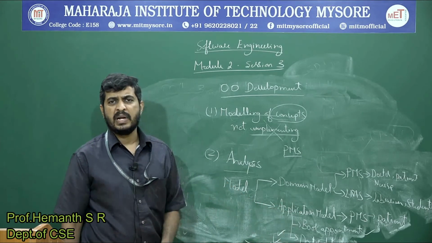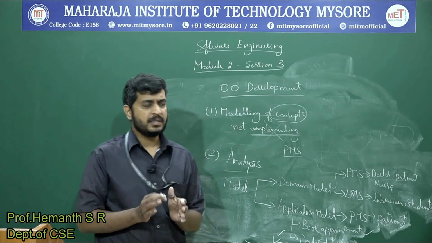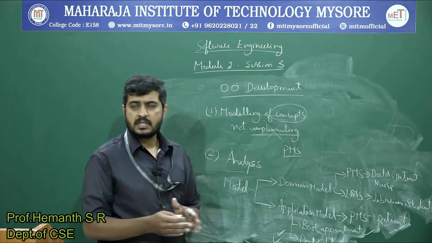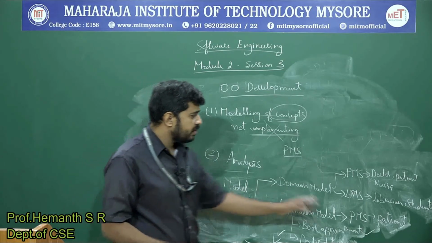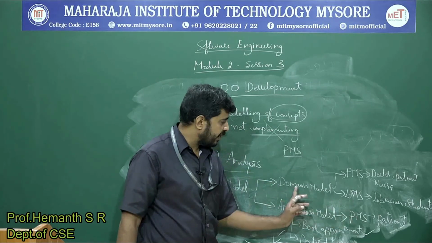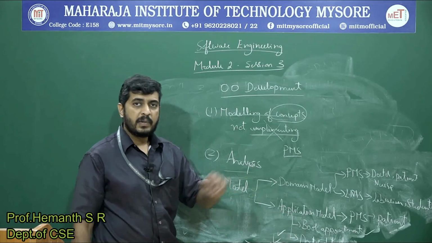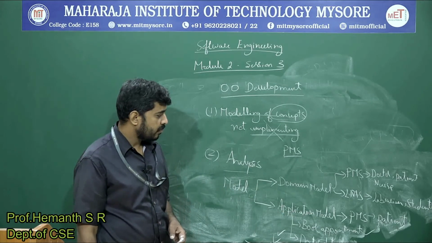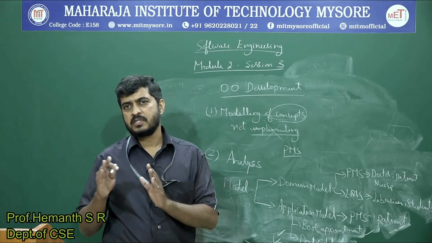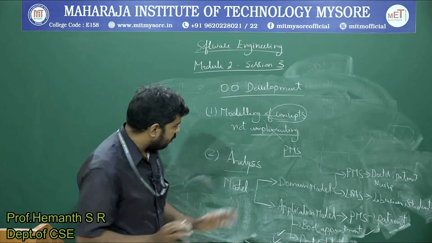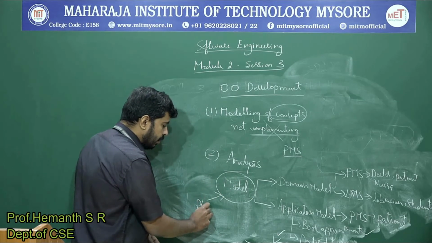Okay. So how and where are all these things being decided? Like which part of the system, which part of the application should be given access, which part of the application should not be given access to the real world objects that have been identified in the domain model, where is it decided? So it is decided in the application model. Which parts of the system should be accessible, which part of the system should not be accessible. Please note, all these things are decided or planned.